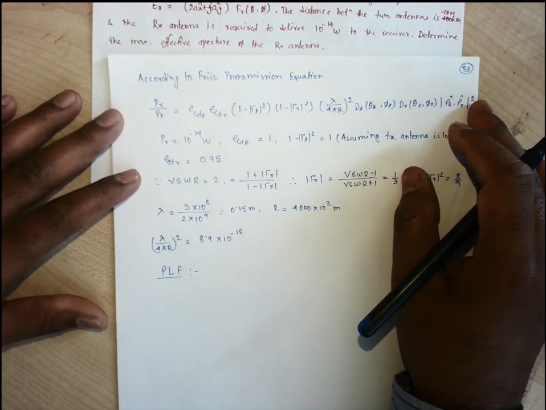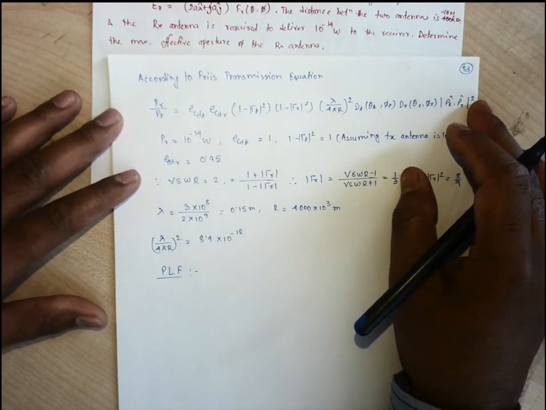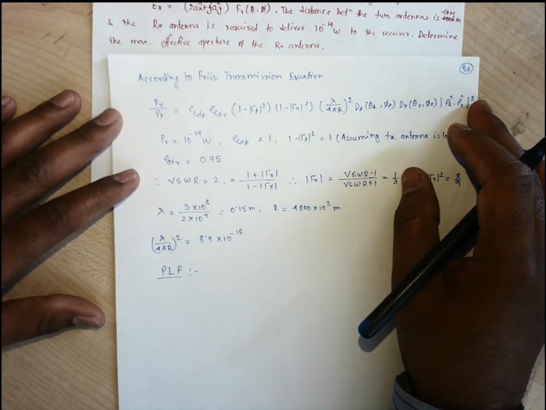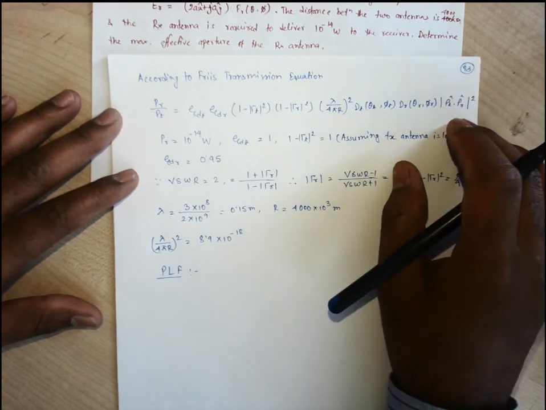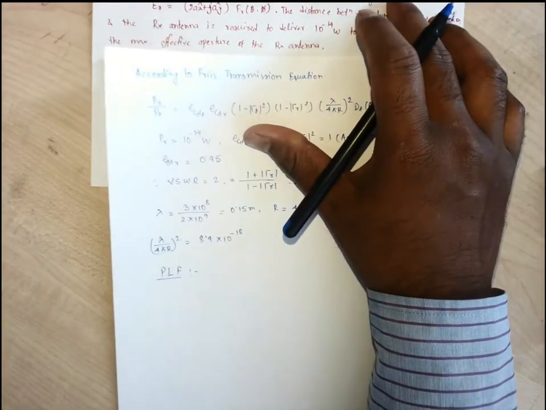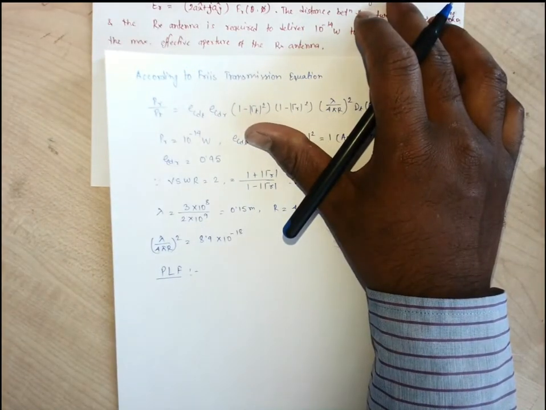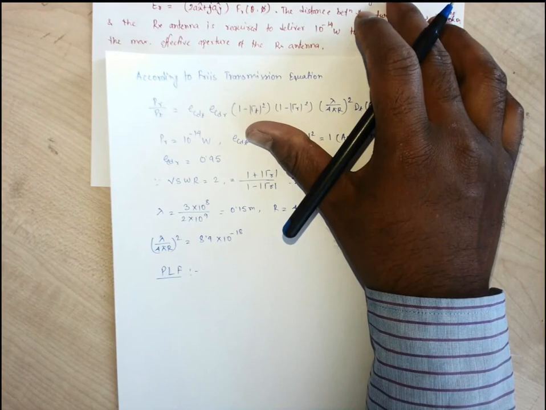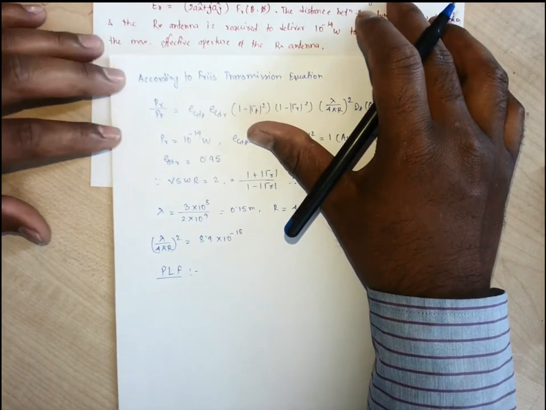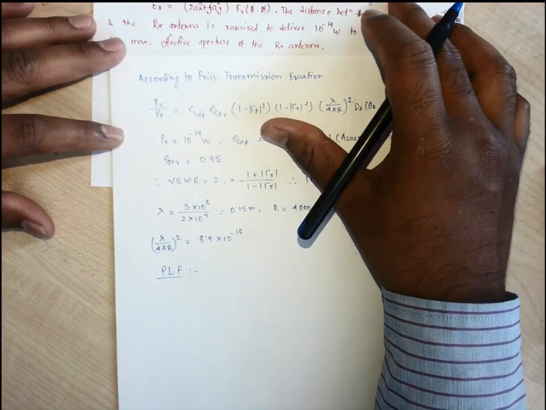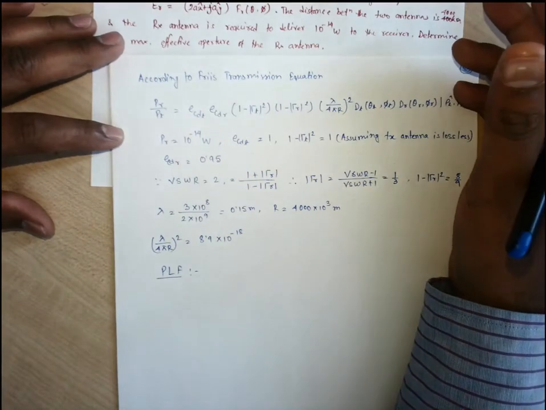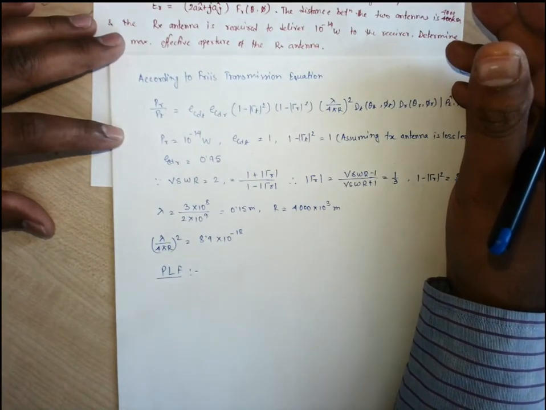But incident wave forms the maximum beam in the receiving antenna. So how to get this PLF? There is no information available about this PLF. So we can say that this PLF is, the polarization is in such a way we can have the maximum reception.